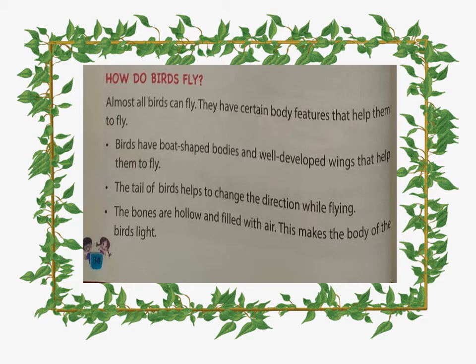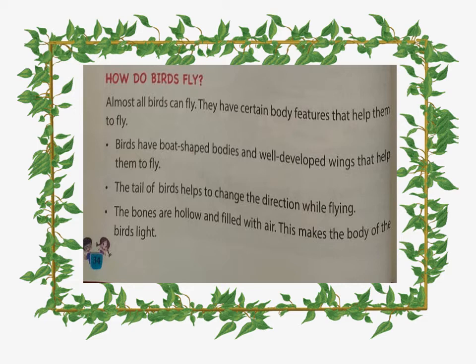A streamline. You have seen a boat, a steamer, or any other means which runs or floats on the water, or which flies like an aeroplane in the sky. The shape of its body is narrow at both ends. Narrow means pointed, and in the middle it is broad.